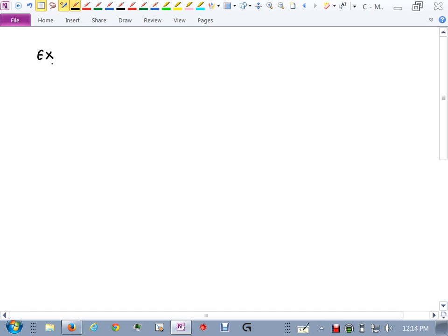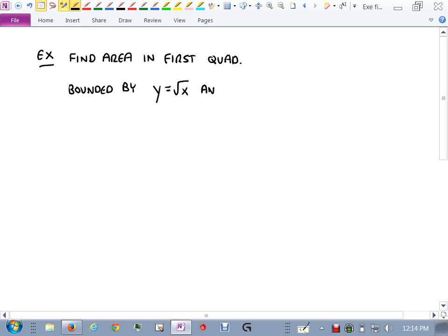Next example. I'd like for you to find the area in the first quadrant bounded by y equals the square root of x and y equals x minus 2.